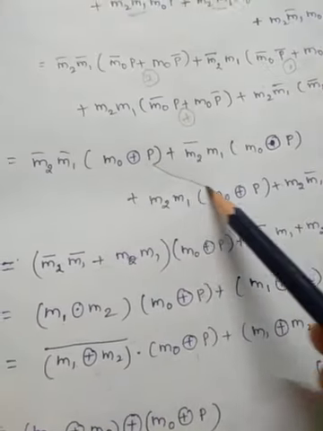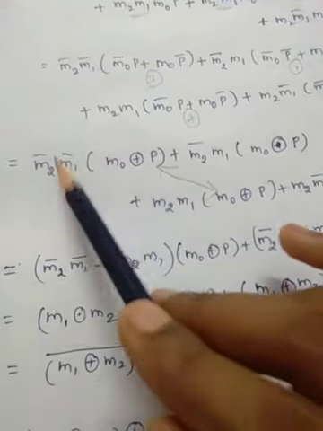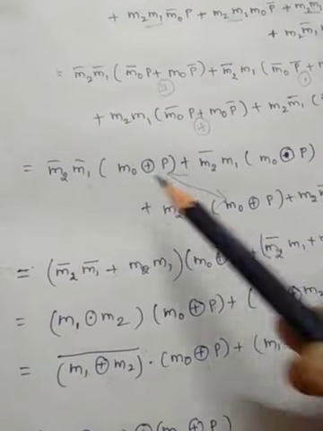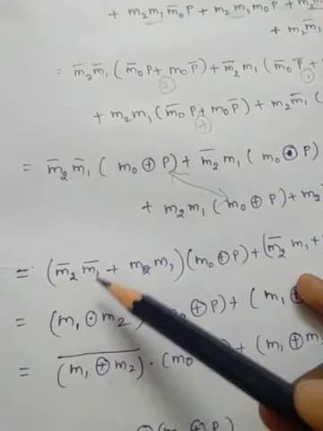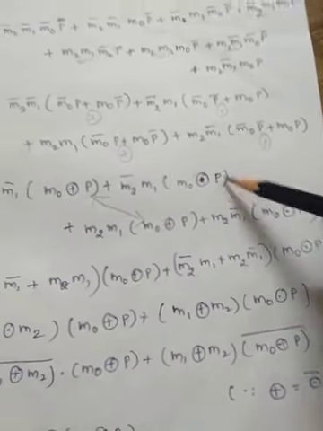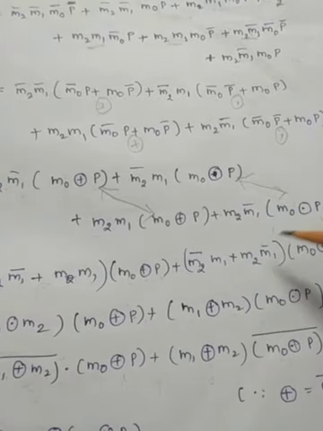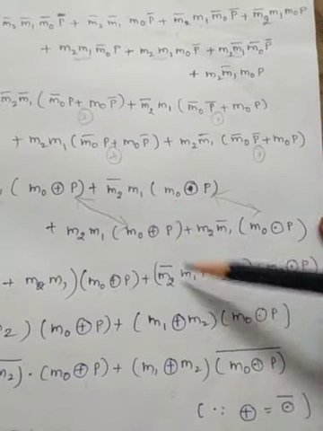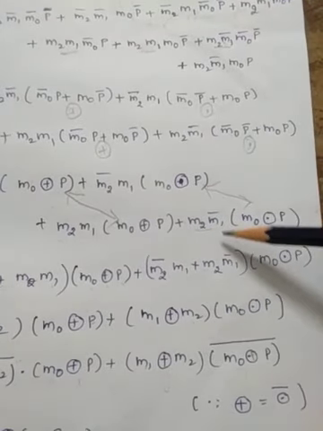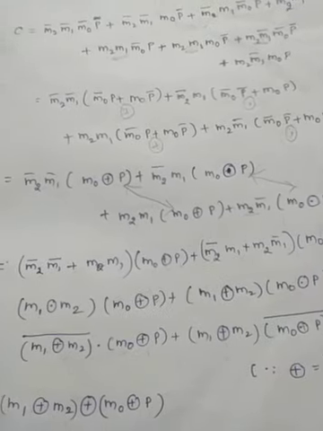Here m0 XOR p is common in these two terms. So by separating m0 XOR p, we get m2 bar m1 bar plus m2 m1. In these two terms m0 XNOR p is common, so m2 bar m1 plus m2 m1 bar into m0 XNOR p.